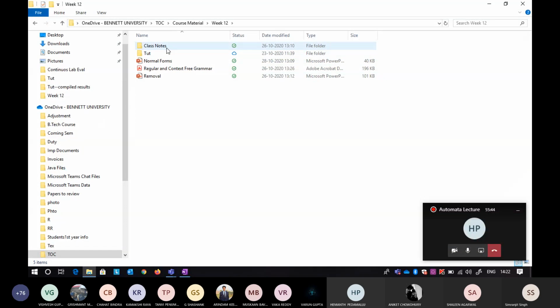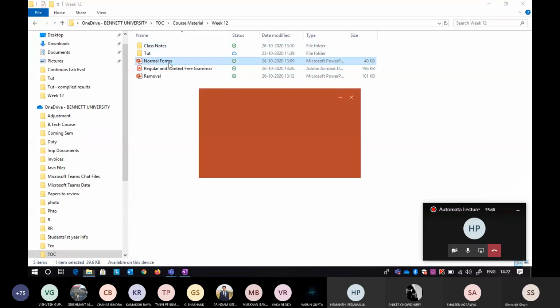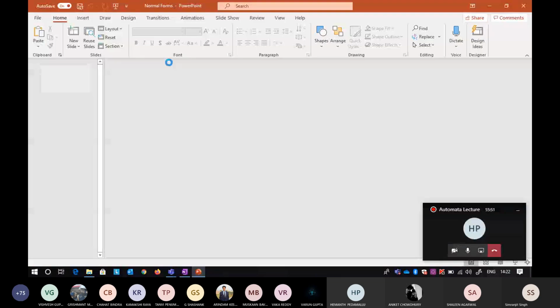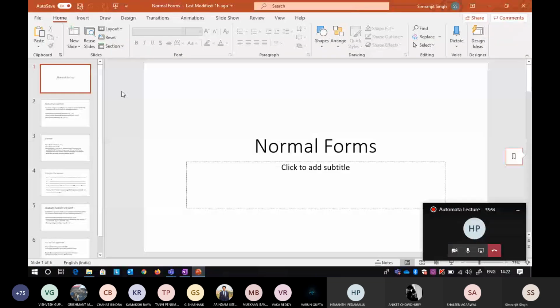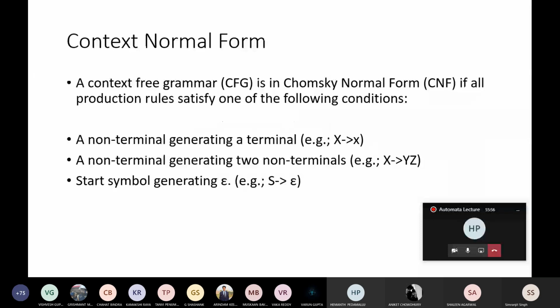Now these are your normal forms. The normal forms are Chomsky normal form as well as Greibach normal form. There are two normal forms, and they are very useful in other algorithms, like CYK, which is another algorithm I will discuss later.